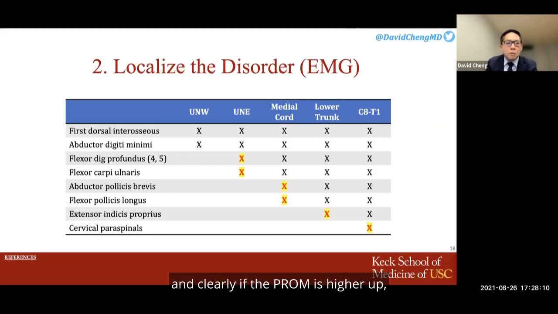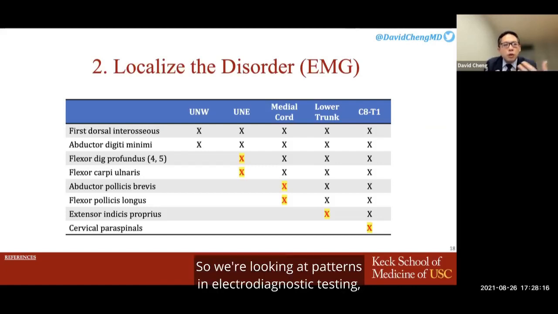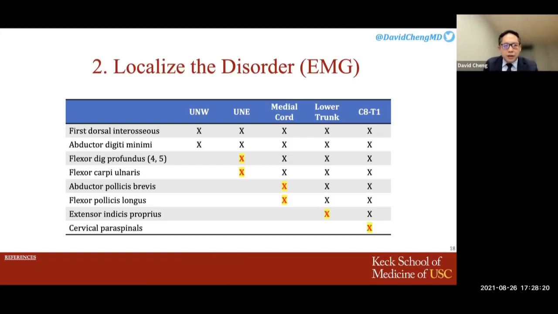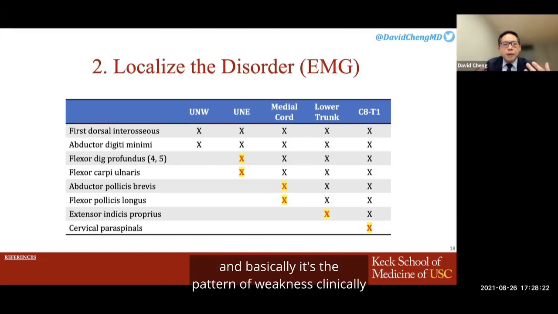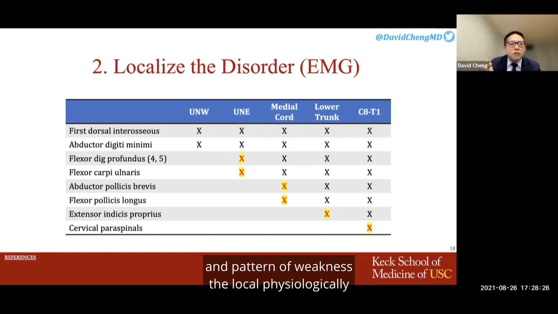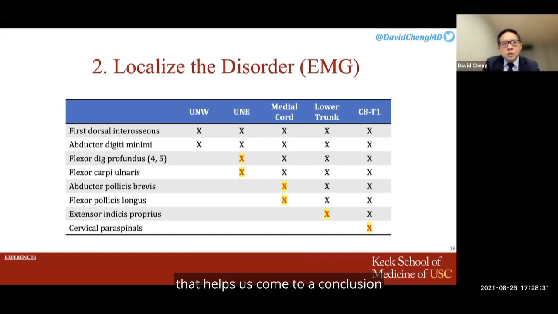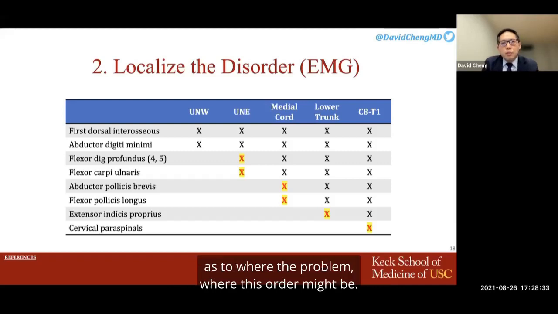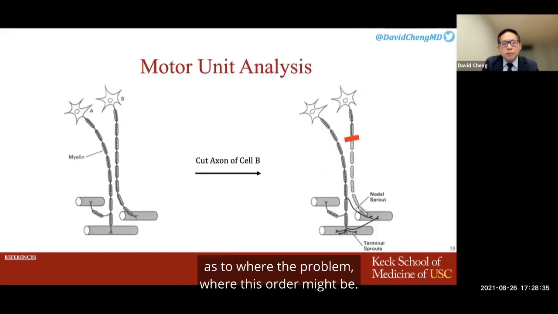And clearly, if the problem is higher up, it affects many more muscles downstream. So we're looking at patterns in electrodiagnostic testing, and basically it's the pattern of weakness clinically and the pattern of weakness electrophysiologically that helps us come to a conclusion as to where the disorder might be.